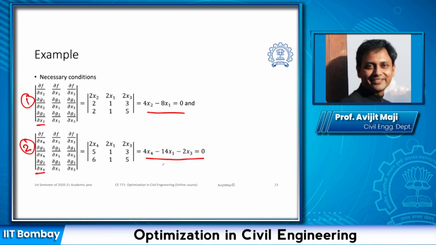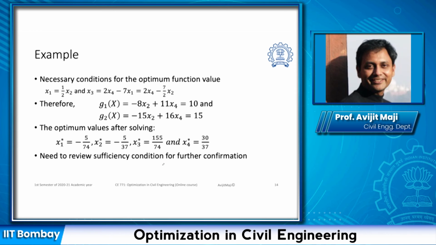And if we try to find the optimum point, we'll see that x1 is equal to half of x2, x3 is equal to 2 times x4 minus 7x1, which is also going to be equal to 2 times x4 minus 7 by 2 x2.